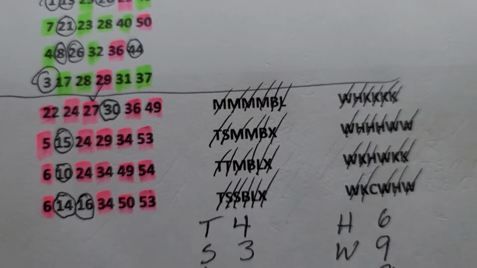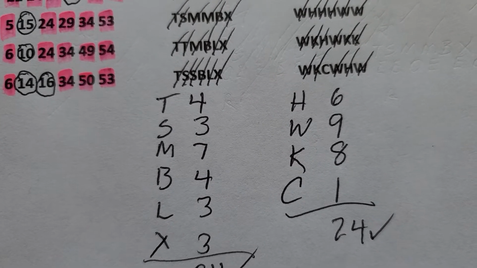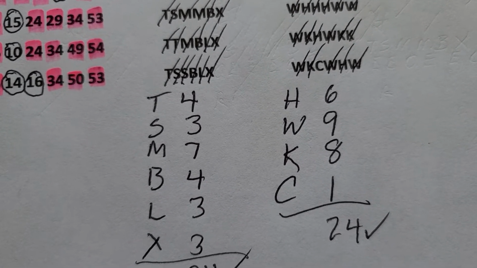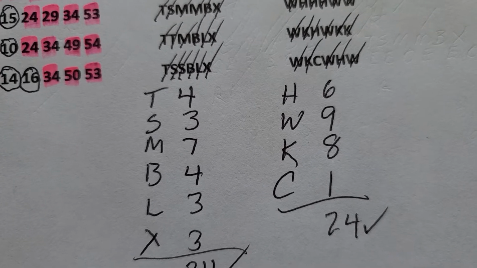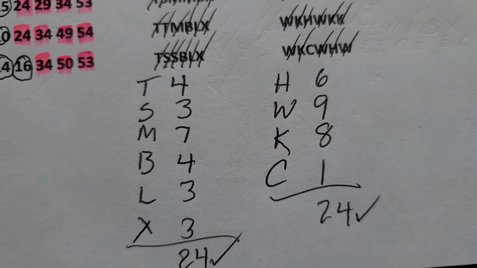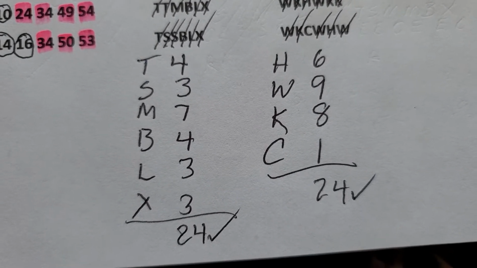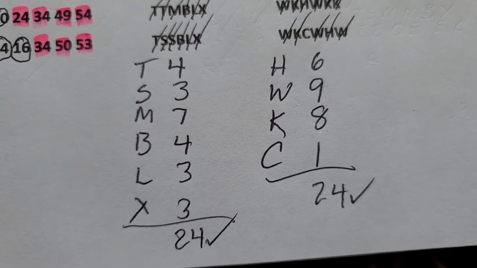So tally them up, and here we go. We got 4 tiny numbers, 3 small, 7 medium, 4 big, 3 large, and 3 extra large. Add them up, we got 24 numbers, which is exactly what we need.